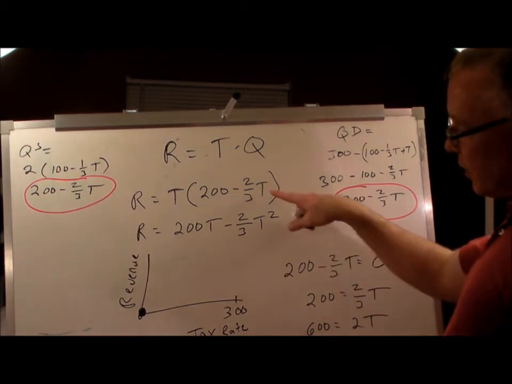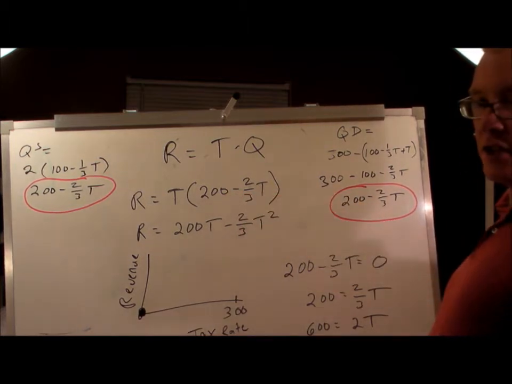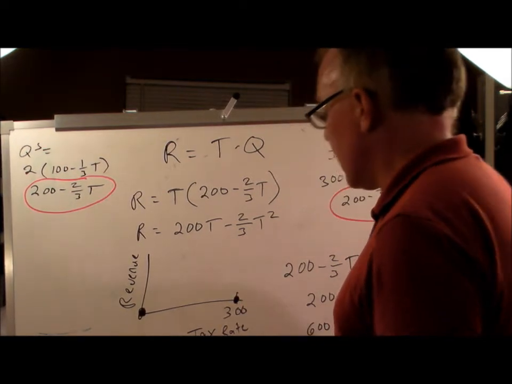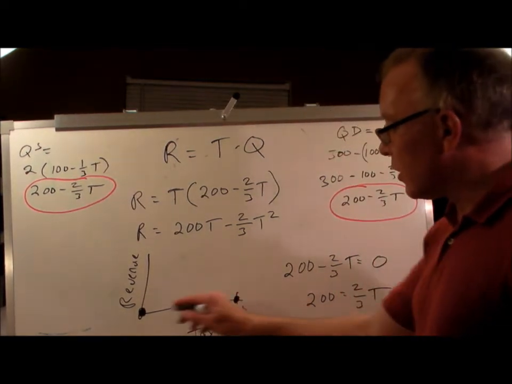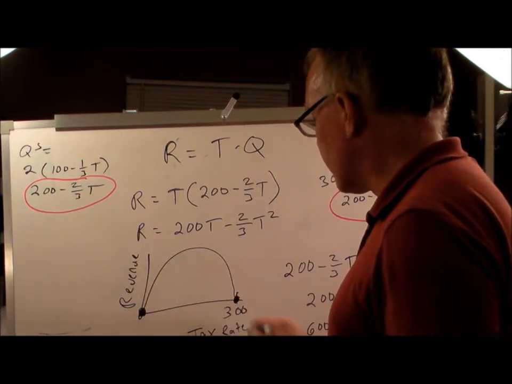And you can just eyeball it: 2/3 of 300 is 200, and 200 minus 200 is going to be 0. So we know it's 0 here, we know it's 0 here, and we can just sort of assume that there's some sort of curve like this.